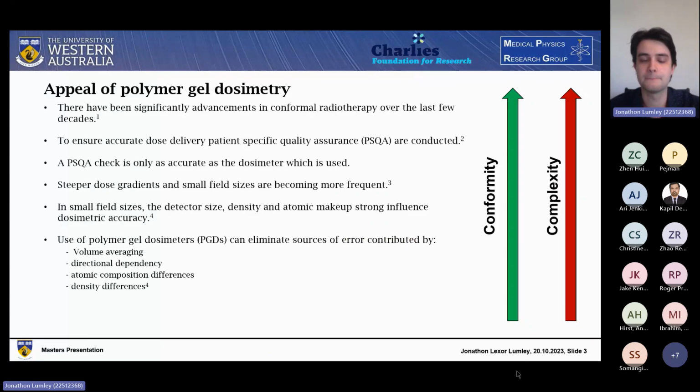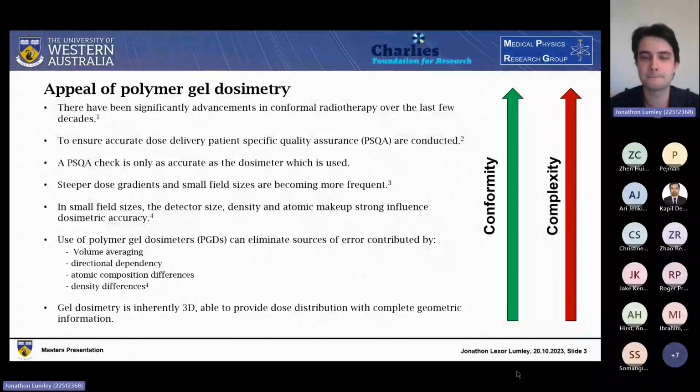If we were to implement polymer gel dosimeters, we could eliminate potential sources of error contributed to things such as volume averaging, which is what we see in ionization chambers, directional dependencies that we see in TLDs, atomic composition differences and density differences, which we see throughout most dosimeters.